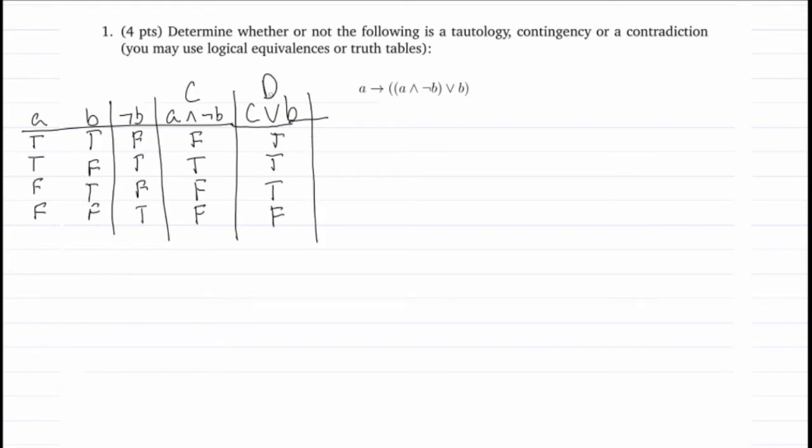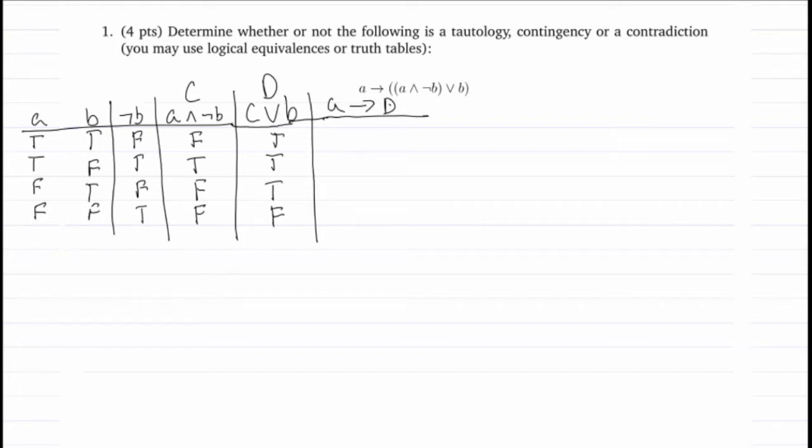Okay, I'm going to call this D now, because now A has to imply this whole part of the equation. So let's call that D just to make it easier to read. A implies D. So now we look at column A and column D. For implication to be false, a true has to be implying a false.